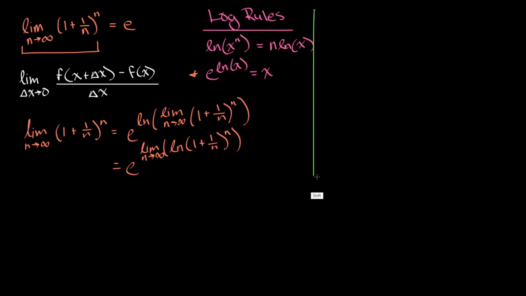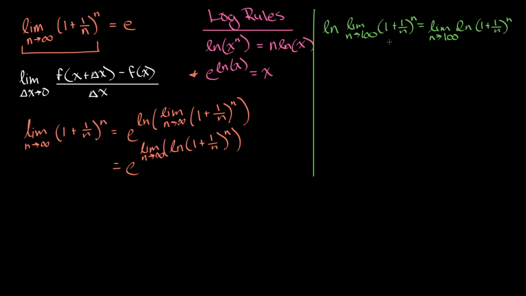If we were to just write out, let's say we have the natural log of the limit as n goes to, let's say, 100 of 1 plus 1 over n to the nth power. We are saying that this natural log of the limit is equal to the limit of the natural log, so the limit as n goes to 100 of the natural log of 1 plus 1 over n to the nth power.